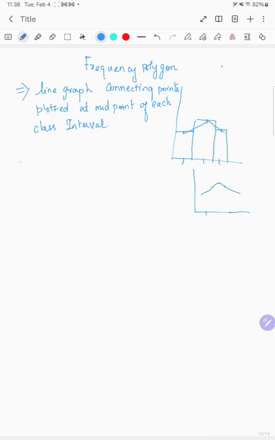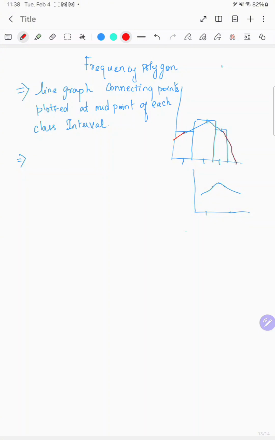So what is the next thing you have to remember? This is a way you have to draw a frequency polygon. In some cases the frequency polygon will be joined either to the vertical edge or it may move to the next center here.